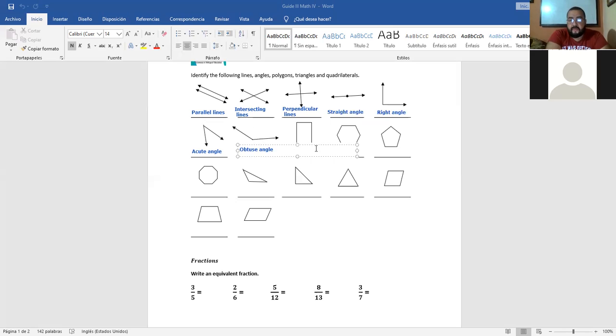Now we're going to see some polygons. A polygon that has four sides and four vertices, its name is a rectangle. A polygon that has six sides and six vertices, its name is hexagon.